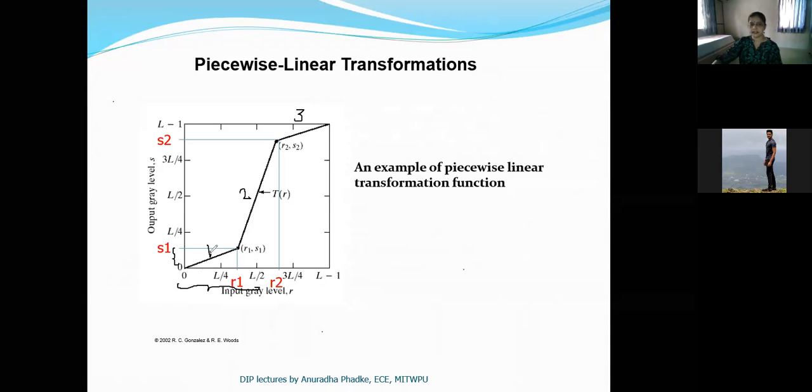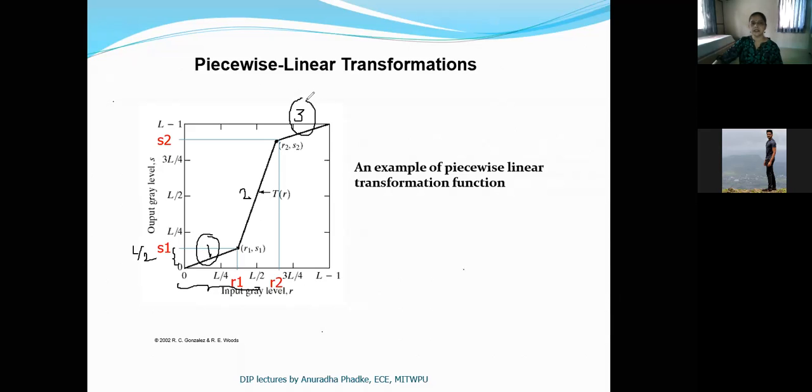Because of this line segment 1, we are making original dark pixels darker than the original, because almost 0 to L by 4, we are mapping to 0 to L by 2. So your greater dark range 0 to R1 is mapped only to 0 to L by 2. So we are making dark pixels darker. This is the function of line segment 1.